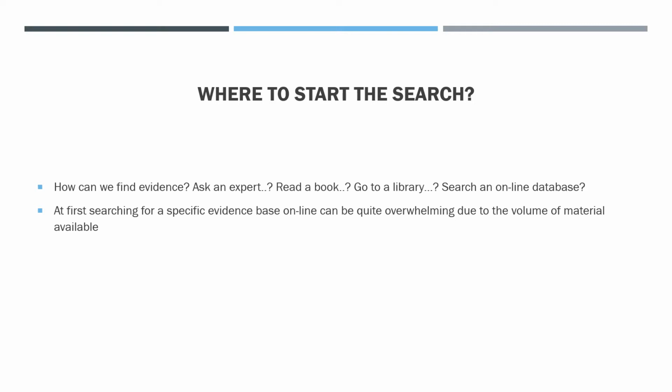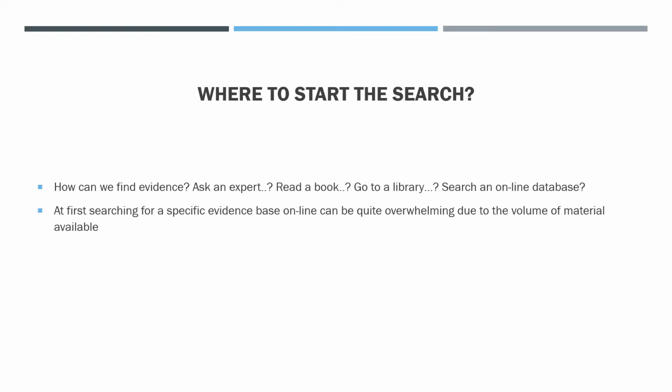To give an example, you could be looking for evidence base on something like amalgam, and typing the single word amalgam in could throw anything back from 20 to 70,000 hits at you online of the different pieces of material out there available on the subject. That's not to say that all of those pieces of material are of a high quality. There'll be a range of qualities. Some will be opinions, reports, and so on, right up to reviews.